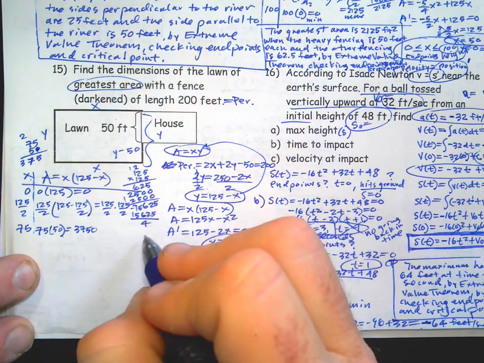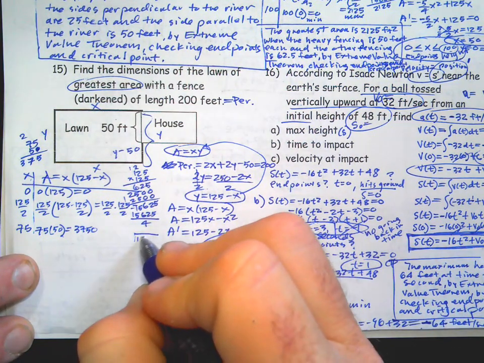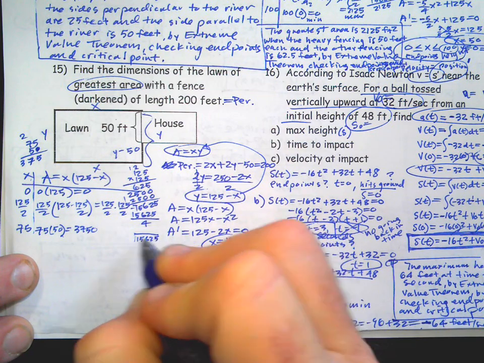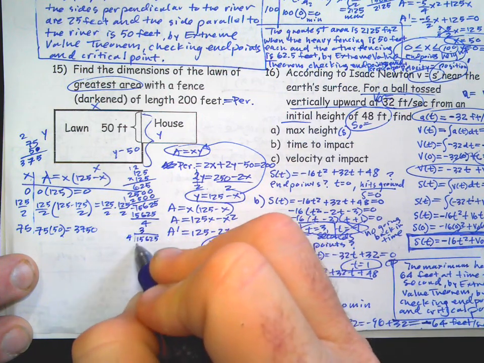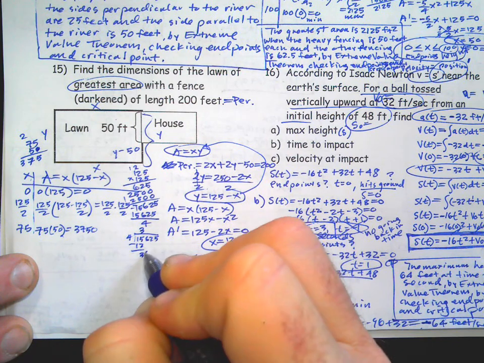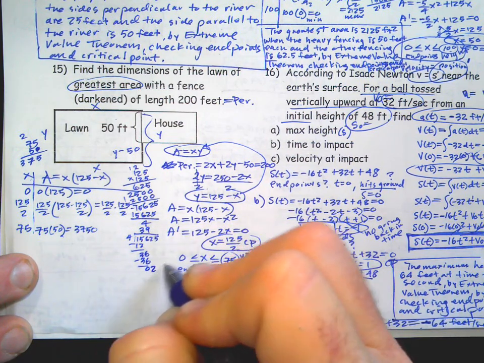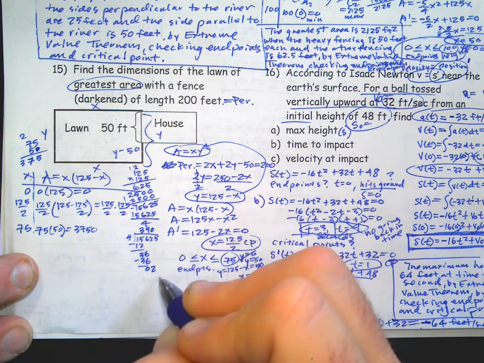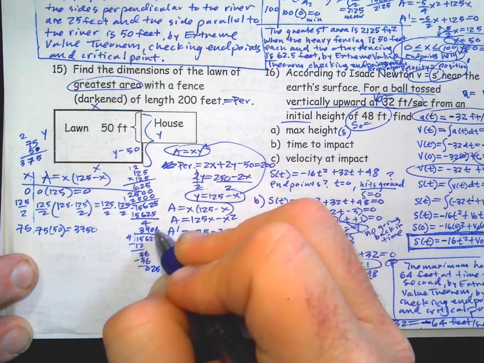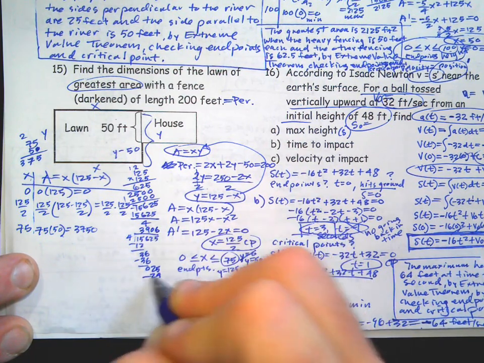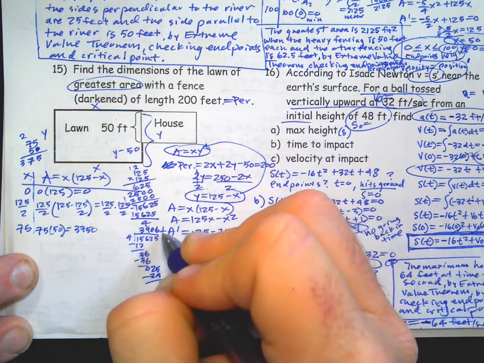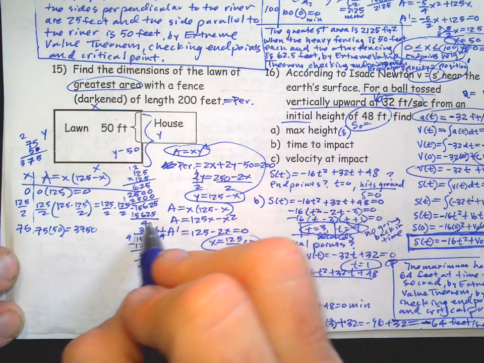So I'm going to do a little long division. 15,625 divided by 4 goes in 3 times, and we get 3906 and 1/4. Okay. Ooh, that one is barely the max.